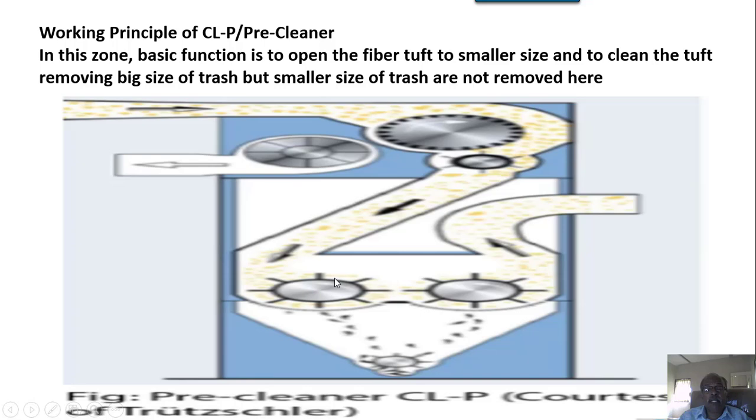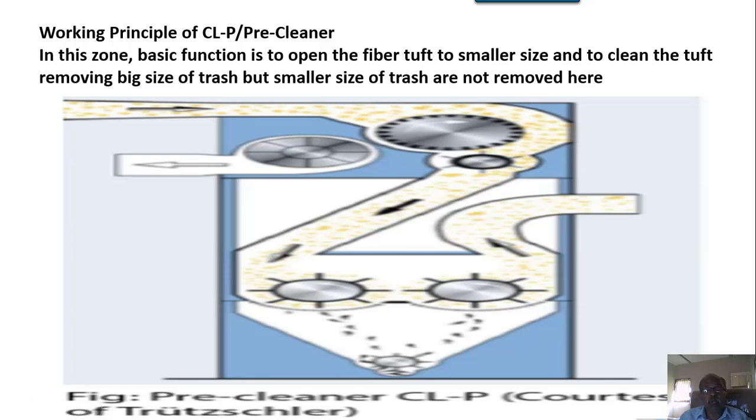Of course, as you can see in this diagram, the roller covering here is a rounded wire sort of covering. These are not sawtooth wires, and there is staggering of the wire points also. So a gentle treatment is supposed to be given here.